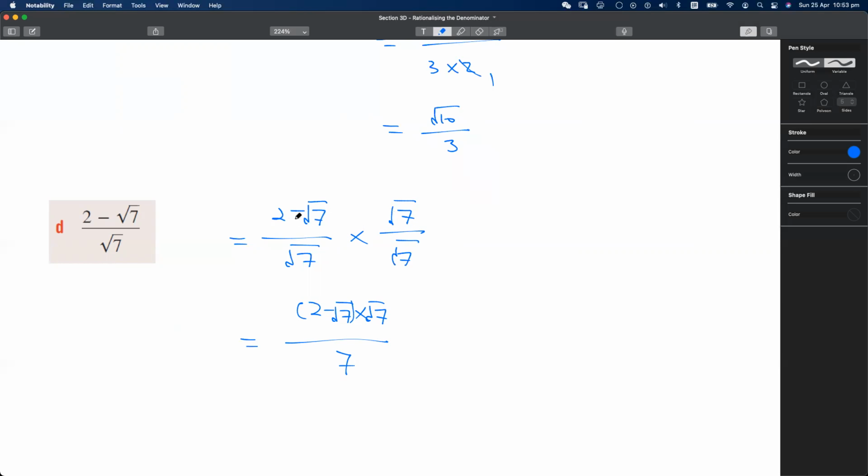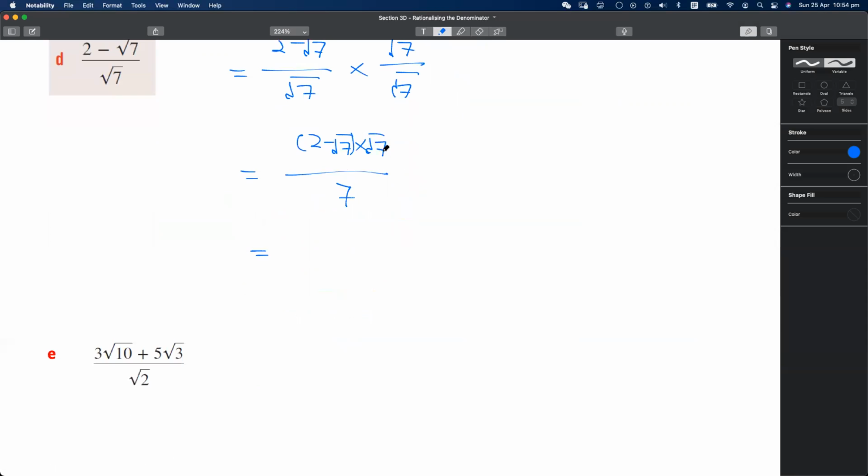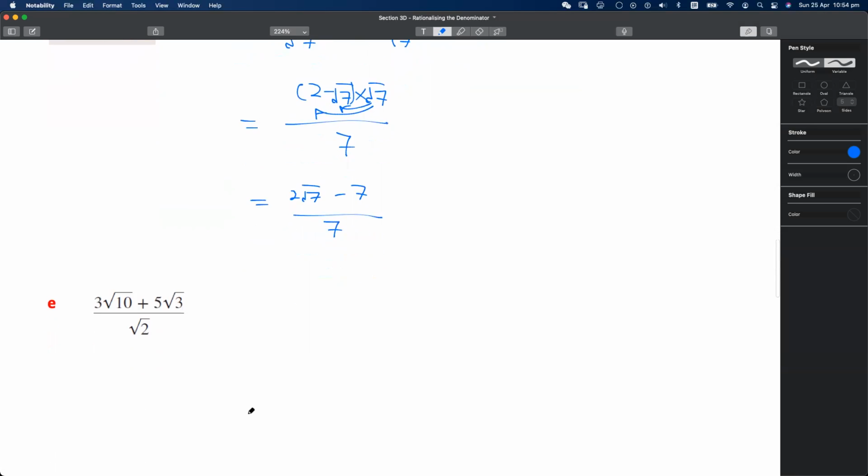Don't just do it as 2 minus root 7, 2 minus 7. That's not right. It's this entire thing times root 7. Let's expand it by using the distributive law. So 2 root 7, take away root 7 times root 7, which is 7, over 7. So that's your final answer.